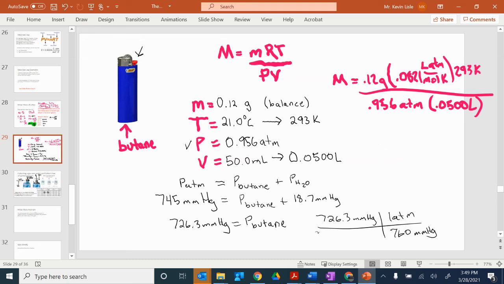So with our units, look at what cancels. Atmospheres cancels with atmospheres. Liters cancels with liters. Kelvin cancels with Kelvin, and we're left with grams over moles.